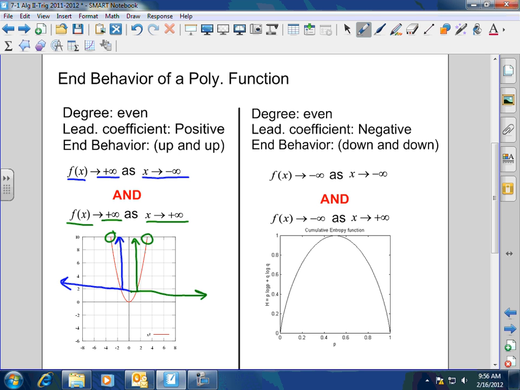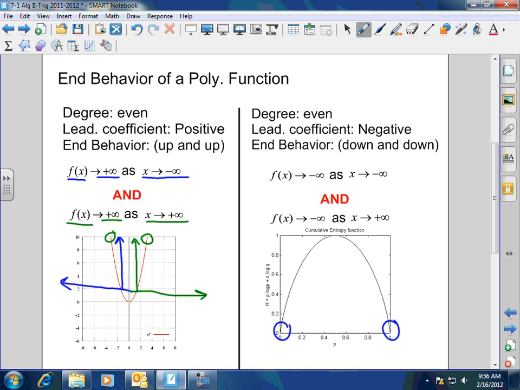In this case, I am ending with down and down. As x is going slowly negatively, decreasing, the y values are also decreasing. And as the x values slowly increase, the y values also decrease.